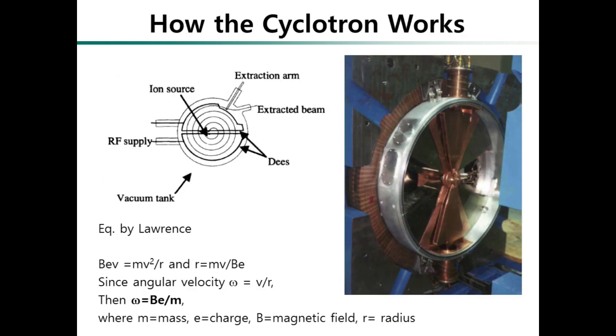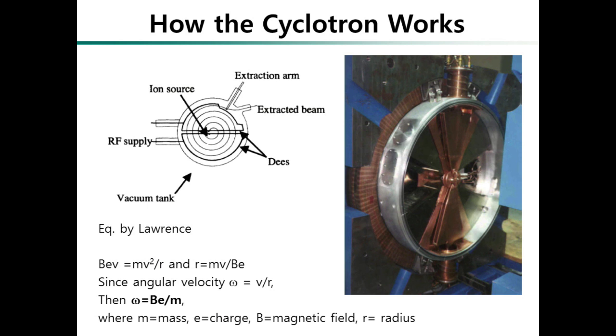As I mentioned, the charged particle is curved in a high magnetic field. You can see here, the ion source is at the center of the cyclotron, and then they apply the RF field.